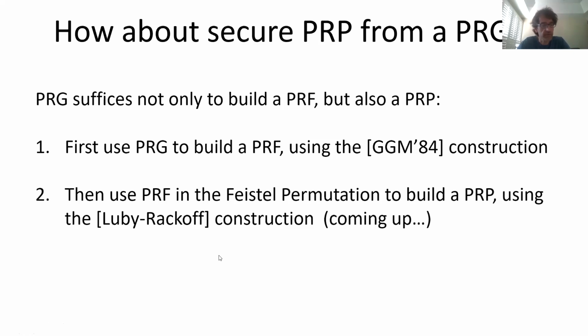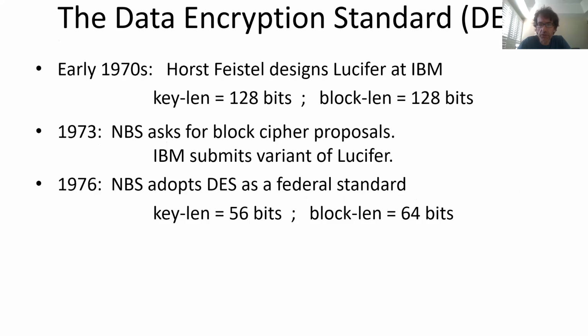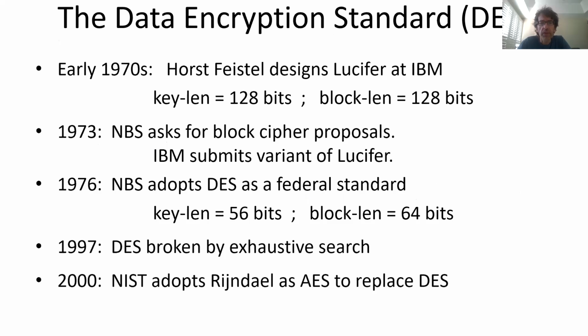It's a very simple circuitry called Feistel permutation. And Luby-Rackoff showed that a sufficient number of rounds of that permutation implies a pseudorandom permutation. So you know what? Let me do this next time, because I'm going a little bit slower.